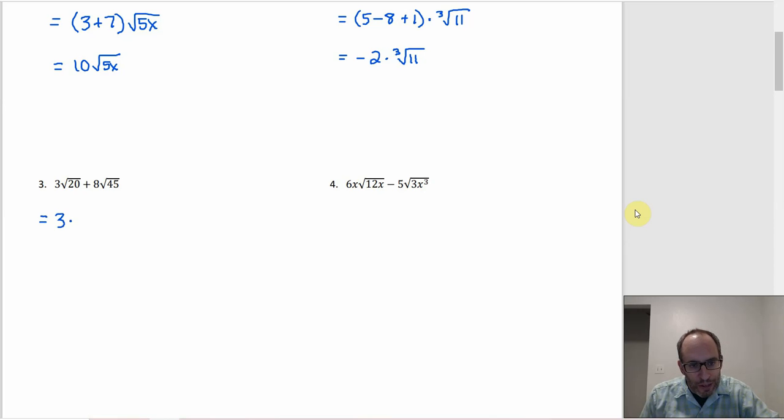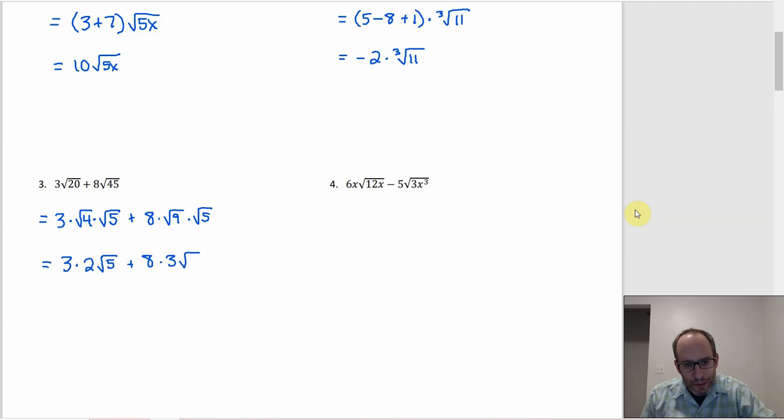So we can write that radical 20 as radical 4 times radical 5. And then we're going to write the radical 45 as radical 9 times radical 5. But then square root of 4 is 2, square root of 9 is 3. So we can say this is 3 times 2 radical 5 plus 8 times 3 radical 5.